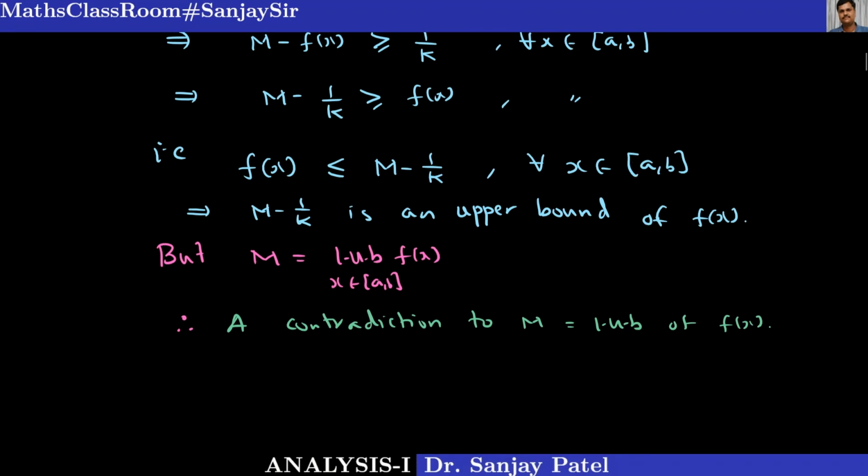So M minus 1 upon k being an upper bound of f(x) gives us the contradiction. So our supposition must be wrong.